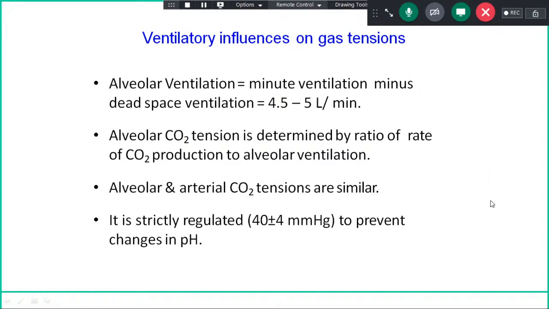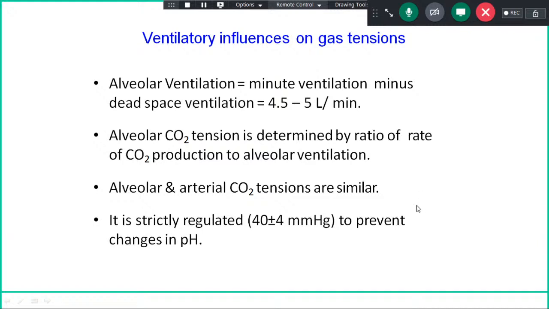And regarding the CO2, what we said is that alveolar ventilation is minute ventilation minus dead space and is determined by the ratio of the CO2 production to the alveolar ventilation.